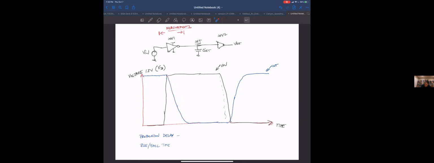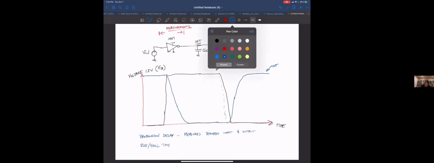So it's measured between the input and the output. What does that mean? Let's use this one.